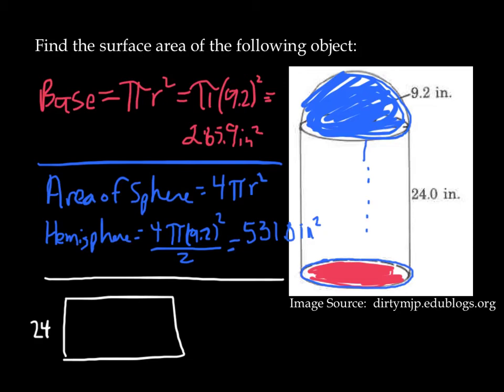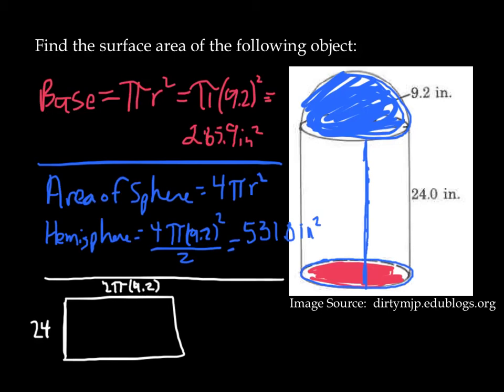Essentially what I do is I take a pair of scissors and cut my cylinder so as to roll it out and get this lateral area. I end up with a side length along the cut of 24, and I end up with a base which is the circumference. In this case, the circumference is 2 times pi times r, which is 9.2.